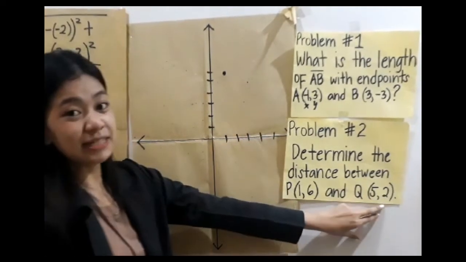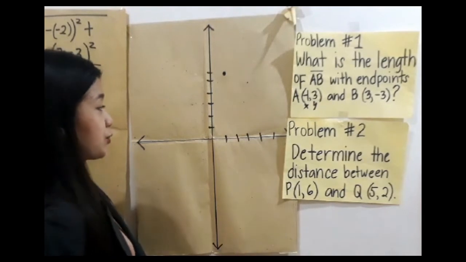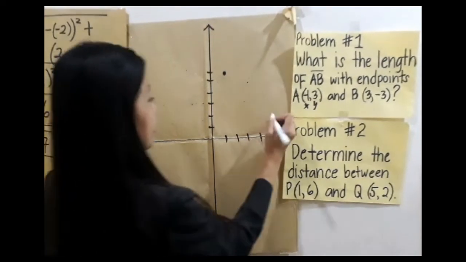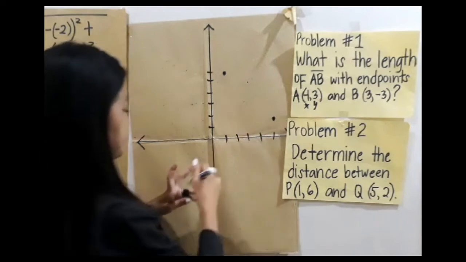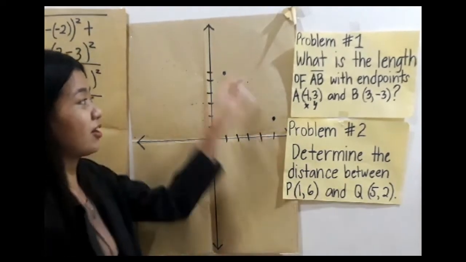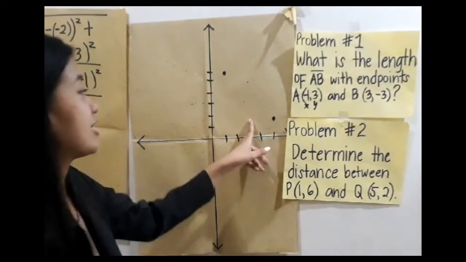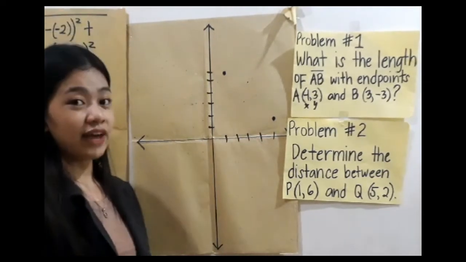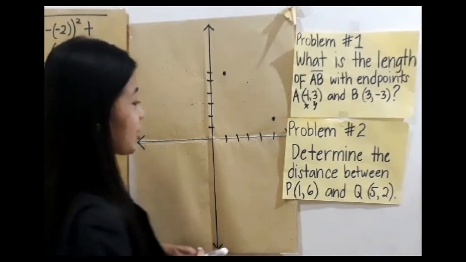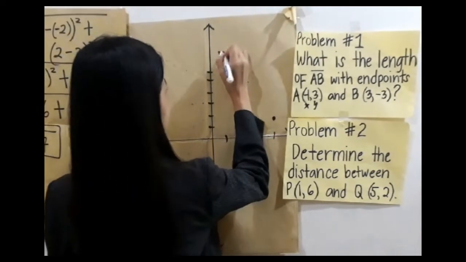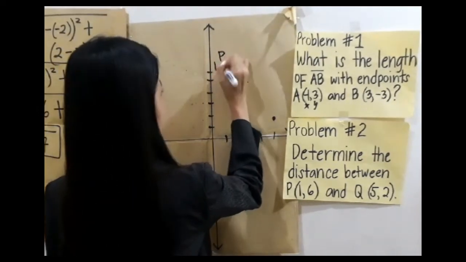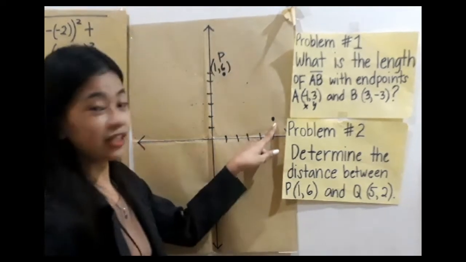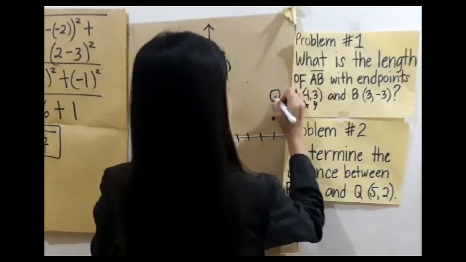And then our y is +2. So these 2 points belong to quadrant 1 because their coordinates are both positive x and positive y. So point P and our point Q.